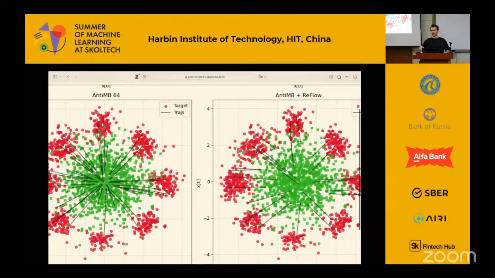Yes. Well, this flow matching would be a way to construct an optimal transport plan between one distribution and another distribution. That means that if we start from one distribution, which is this Gaussian, and sample a point from it, then flow matching would give us another point from this red 8 Gaussians distribution that will be the closest one to the point that we already have.